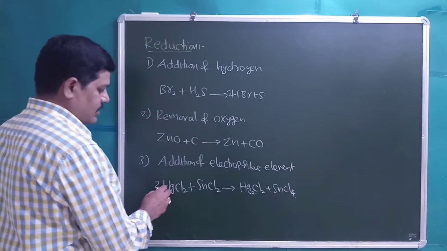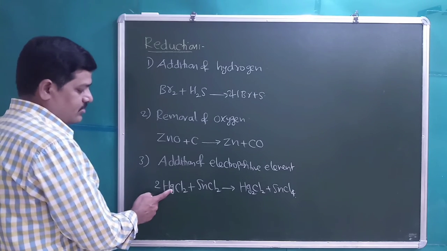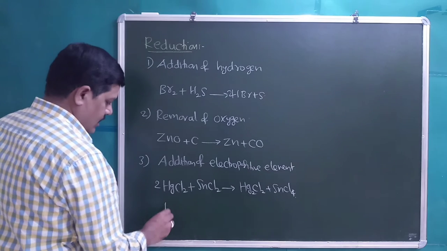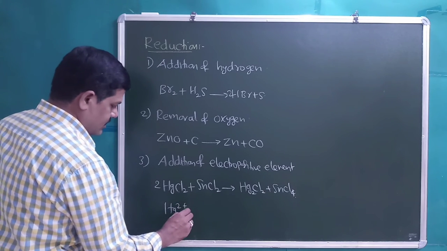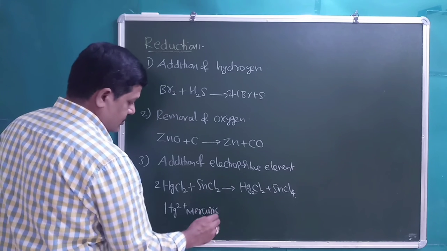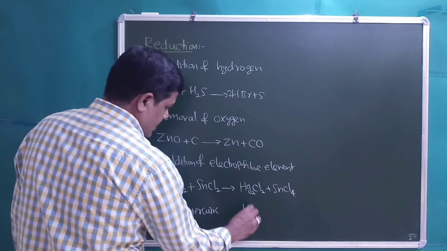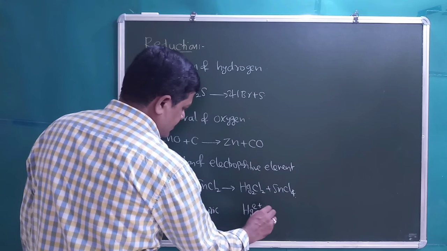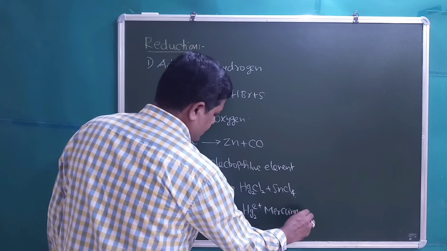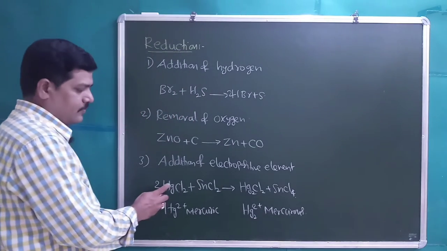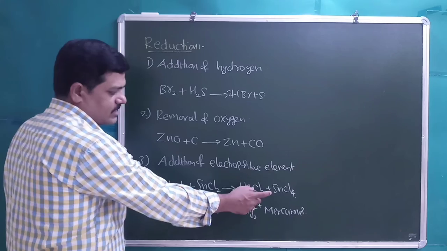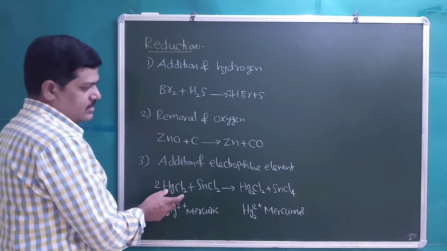Addition of mercury to the HgCl2 will give Hg2Cl2. Hg2 2+ is called a mercurous ion, and Hg 2+ is the mercuric ion. Here addition of one more Hg to this HgCl2 is giving Hg2Cl2. That is called reduction.